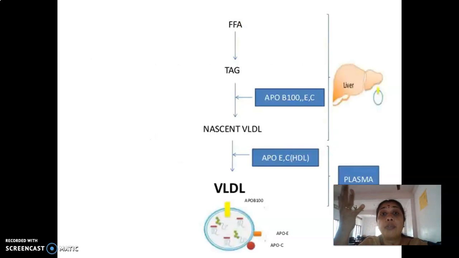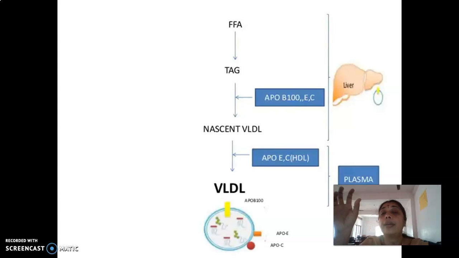So when the VLDL size is reduced, it gives rise to IDL, intermediate density lipoprotein. Right, and this IDL continues to liberate more and more TG and cholesterol esters towards the skeletal muscles and adipose tissue.